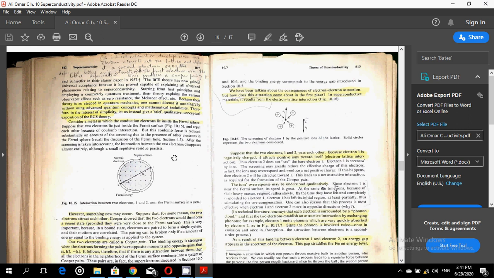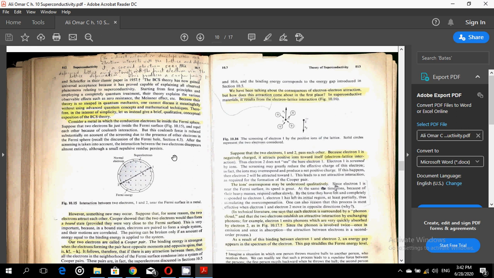So we will not just consider these two electrons facing each other, but we will involve the local lattice structure in between these two electrons. So let us attach this lattice structure on the electron number 1. Suppose that the two electrons 1 and 2 pass each other.